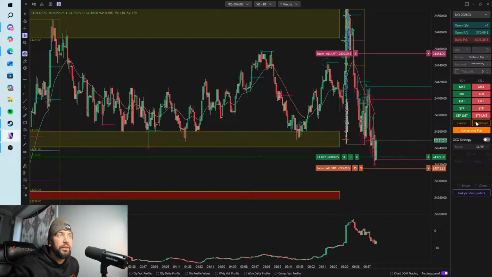Okay, we'll move to break even at this point. So we close back above there, move it to break even, because we're sitting above the value high. I'm just gonna move to break even to protect myself early. I don't want to risk this.